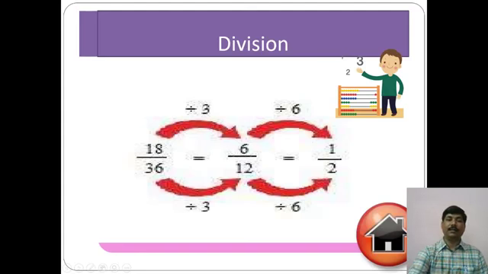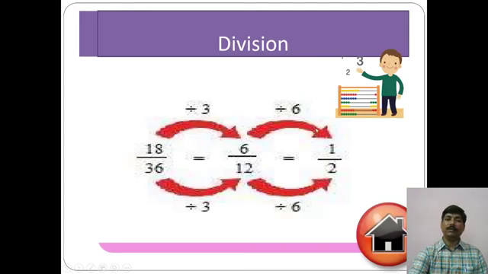If we divide 18 by 3, we will get the quotient 6, and 36 divided by 3, we will get the quotient 12. So the new fraction will be 6 upon 12, and further in this fraction we are seeing that the numerator and denominator can also be divided by 6.